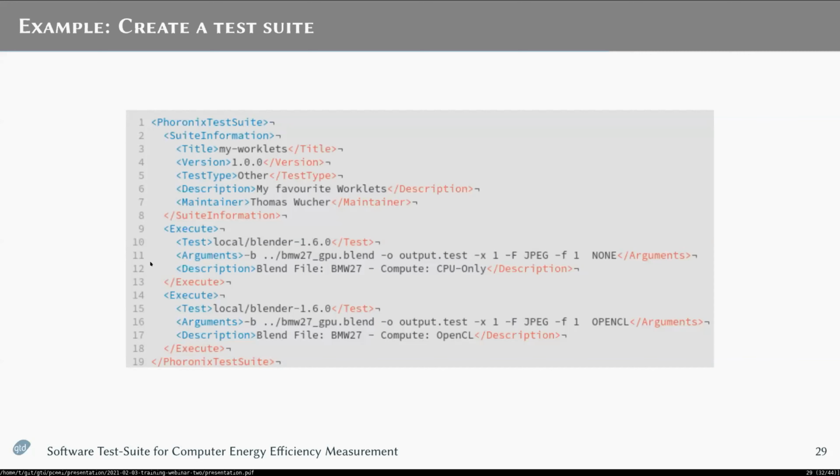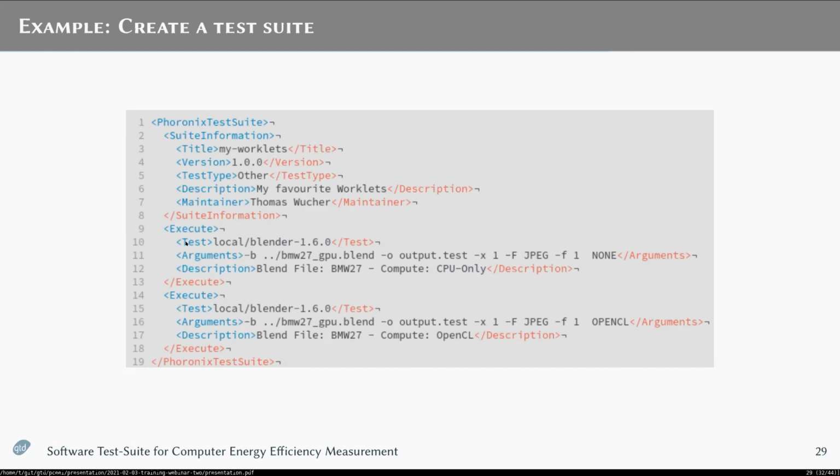So here we have 2 tests because we selected 2 compute modes and 1 3D model. This means 1 times 2 equals 2 tests. If we would have selected 2 3D models, it would be 4 tests because you would get a test run for every compute mode with every model, so all the combinations.